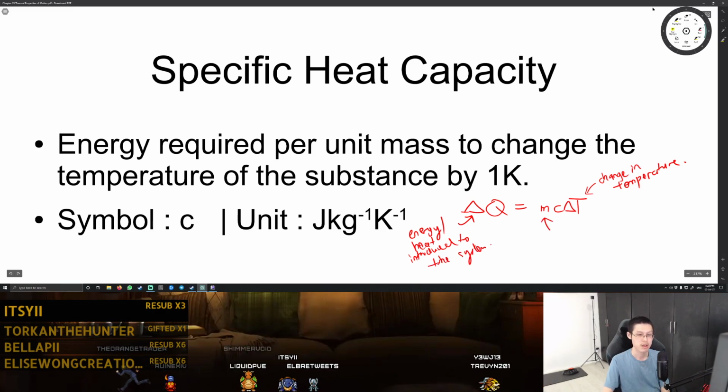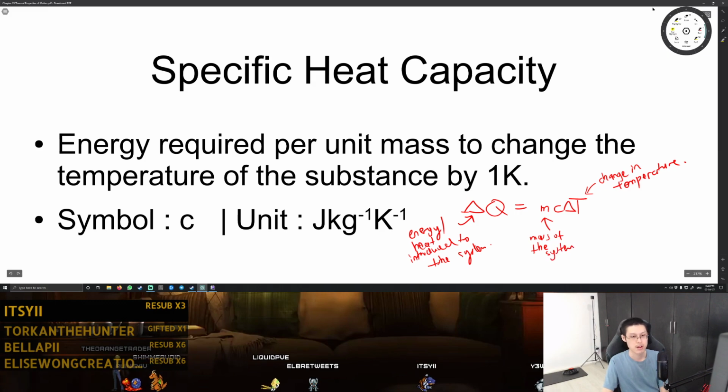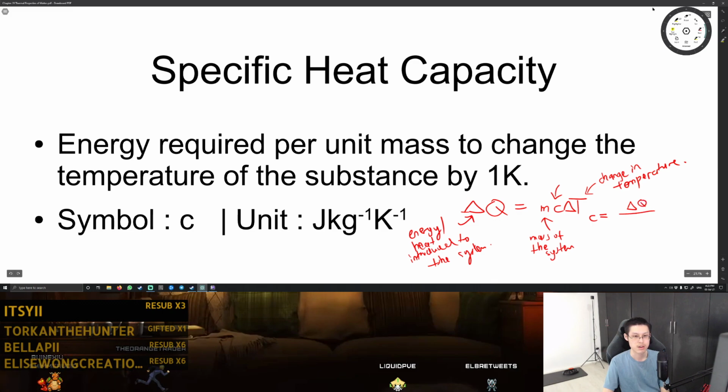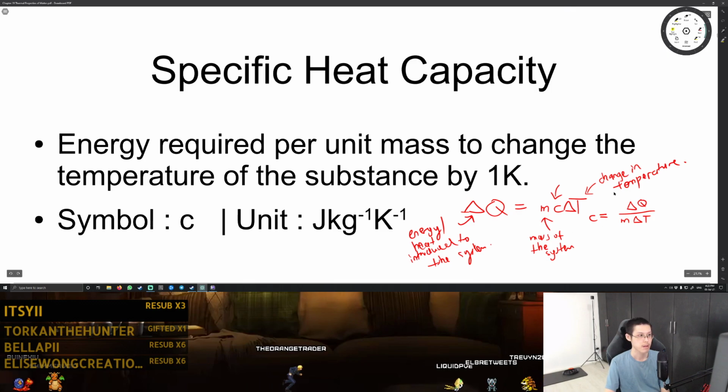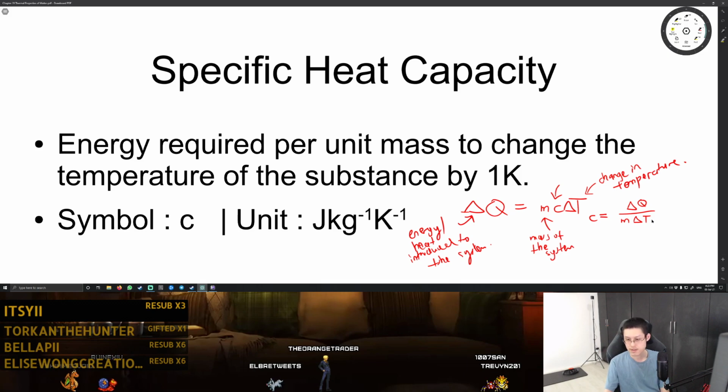M here is the mass of the system, and C is your specific heat capacity. So if you rearrange and make C the subject, you will get C equals delta Q over M delta T. So it is the energy required per unit mass per unit increase of 1 kelvin.